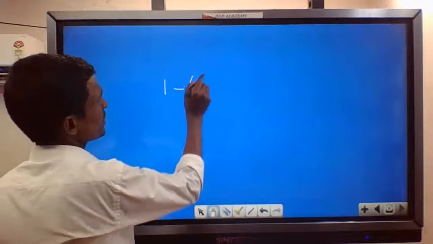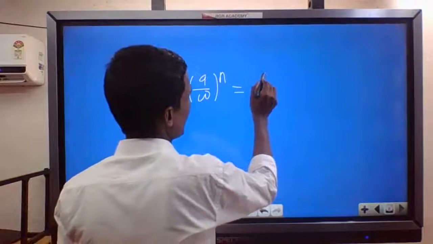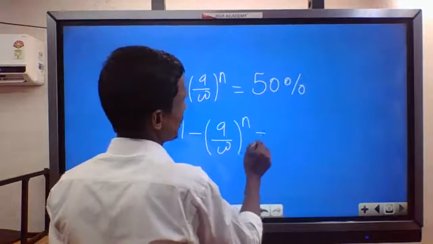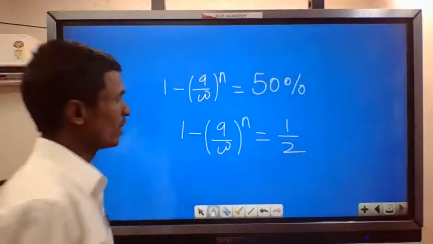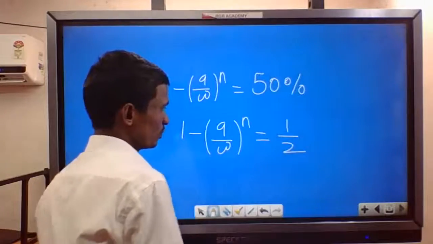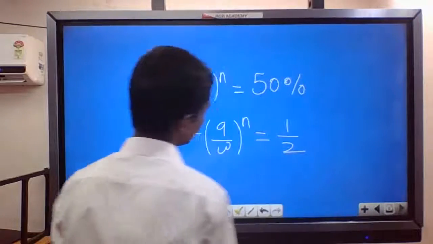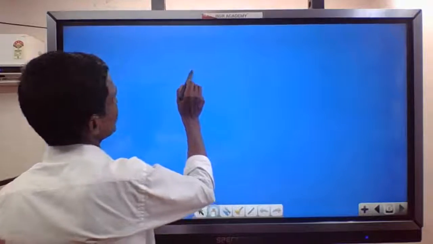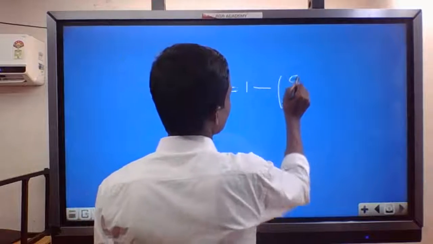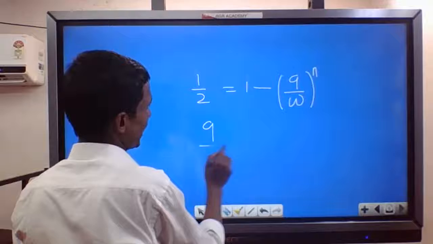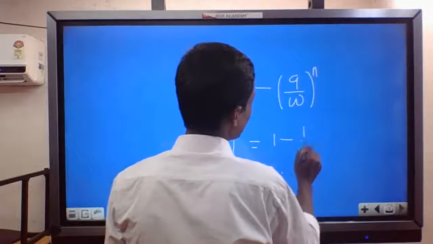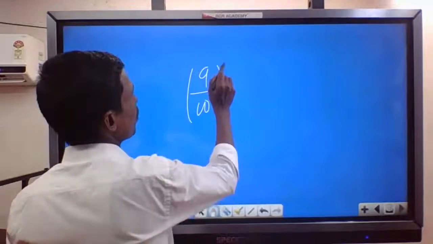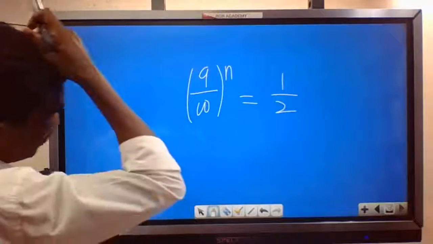So 1 minus (9 divided by 10) whole power n is equal to 50%, which is 50 divided by 100, or 1 divided by 2. So 1 minus (9 divided by 10) whole power n equals 1 by 2, and then (9 divided by 10) whole power n equals 1 by 2.